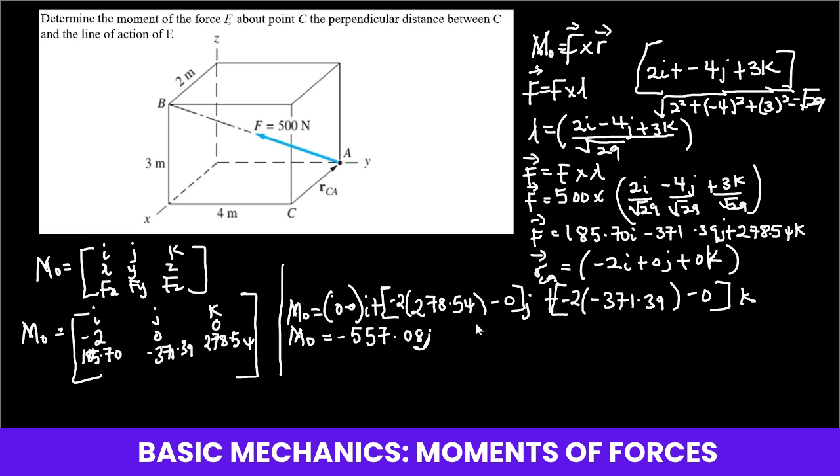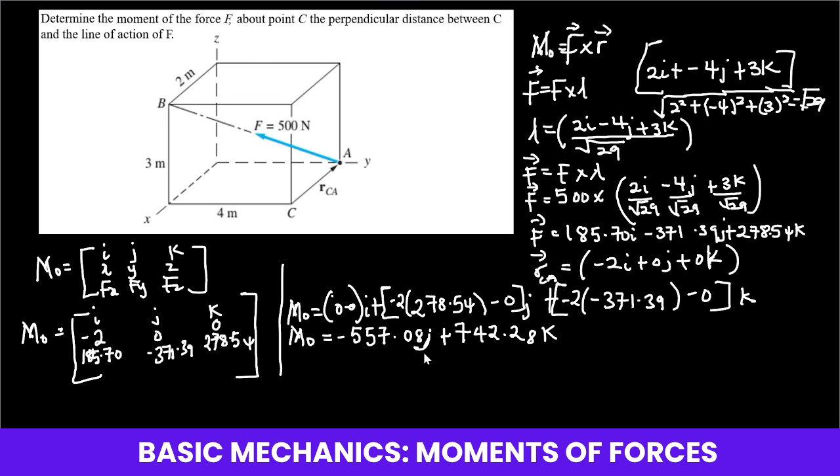Then we add this one here. Now you can see that negative 2 multiplied by negative 371.39 is going to give us positive 742.28k here.